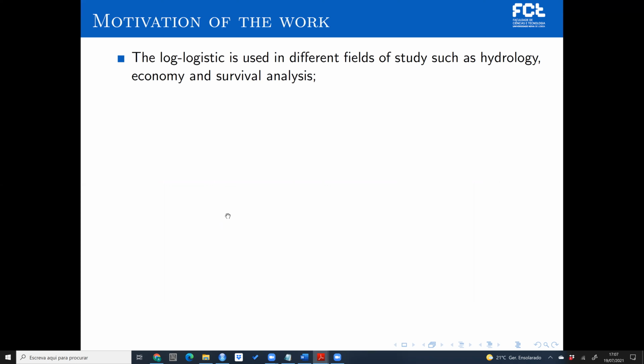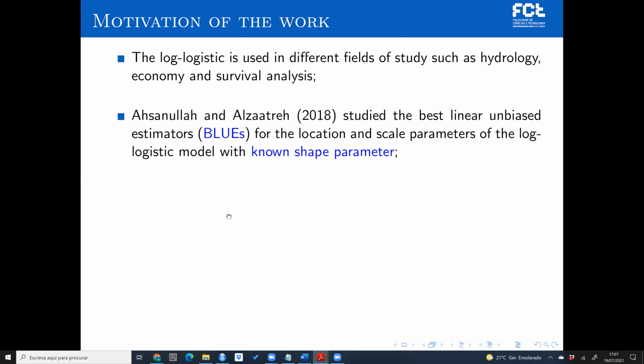So, what was the motivation of the work presented here today? We know that the log logistic is used in different fields of study, such as hydrology, economy, and survival analysis. Alzaatreh and Alzadar studied the best linear and Bayes estimators for the location and scale parameters of the log logistic model with known shape parameter.